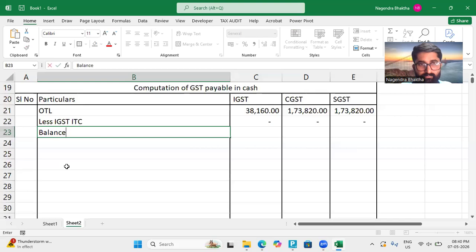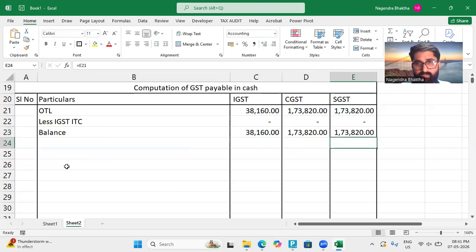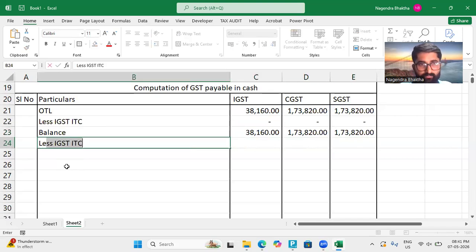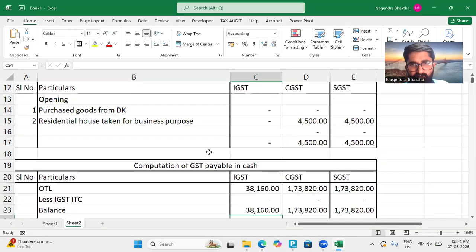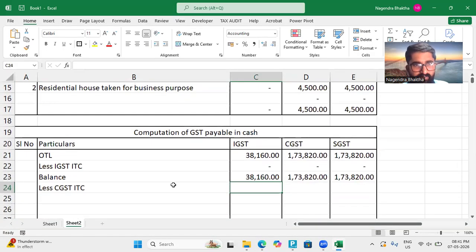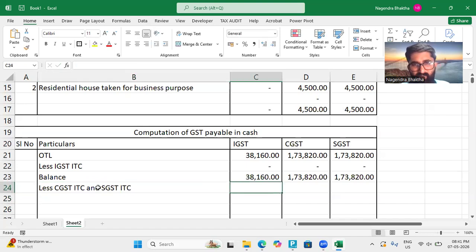Balance is this. Less CGST ITC. How much is CGST ITC? 4,500. SGST ITC is also 4,500. Correct. Both are same. I will just deduct it. Less CGST ITC and SGST ITC, both are 4,500. Do not put that in a separate column or separate row.